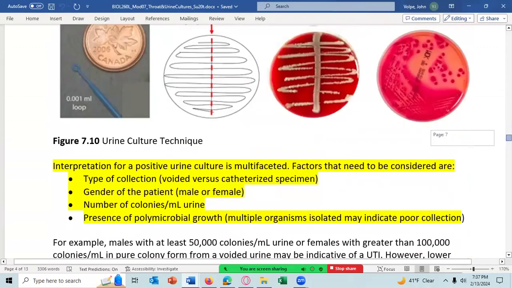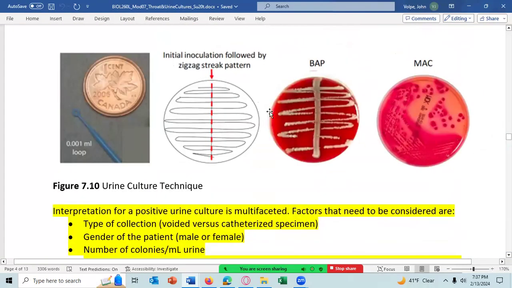That's 1 microliter of urine. And you streak it here, and then streak it like that, so you'll get something looking like that on the blood agar plate.